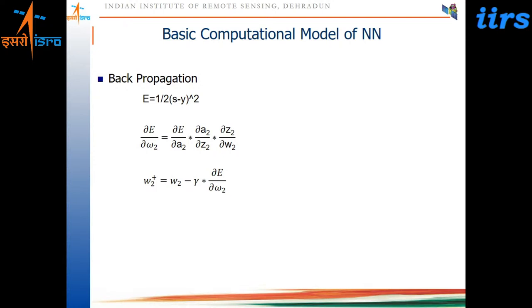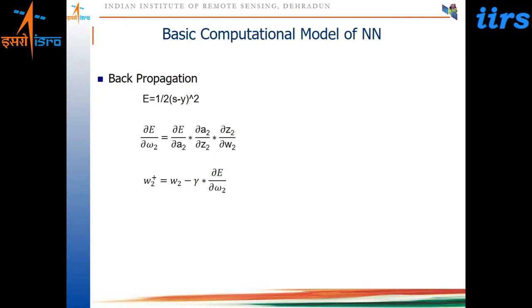That error can be used as input to the whole network, so that it can provide a readjustment of those weights. The back propagation algorithm is actually a way to readjust the weights. Based on the error value which is computed, we readjust the individual weights for each of the nodes.